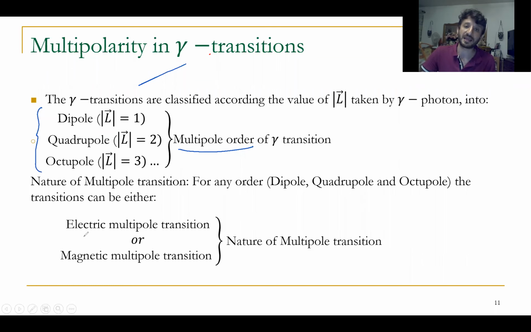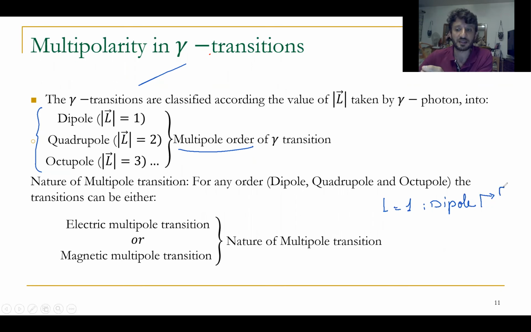So here we have two types of multipole. A multipole can be electric or magnetic. For example, if L equals 1, it's a dipole. So here we have a dipole transition. L equals 1, it can be an electric multipole transition. It means we can say electric dipole transition.